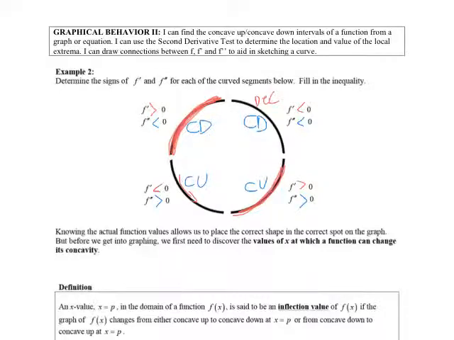Some people like to use this chart to help remember them. I hope that by the end of the lesson we'll have been using them enough for you to naturally have this memorized. But the idea is first derivative tells us increasing, decreasing, and second derivative tells us concave up, concave down.